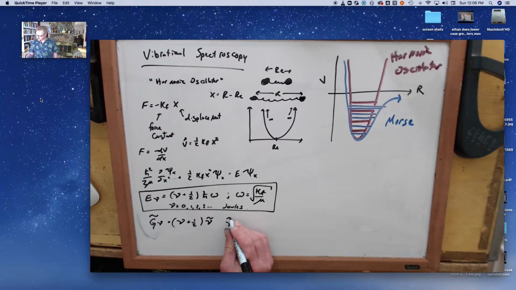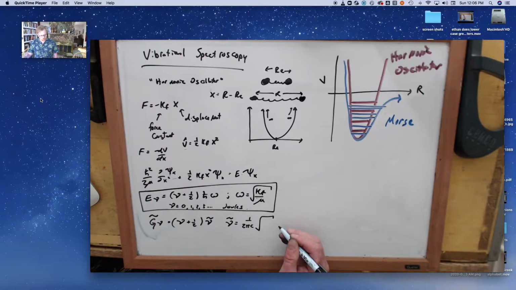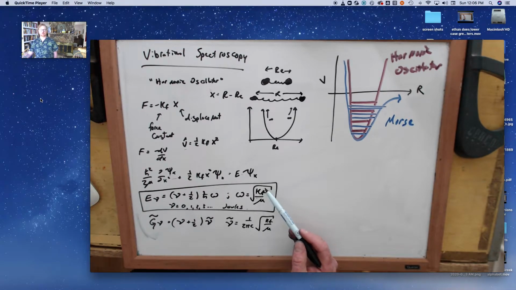And so the equation for the vibrational energy, and this is in wave numbers, right, is going to go 1 over 2 pi c times the square root of k_f divided by mu. So it's very similar to this oscillator frequency, but it's got that factor of hc built into it, and the 2 pi was absorbed from the h bar right there.